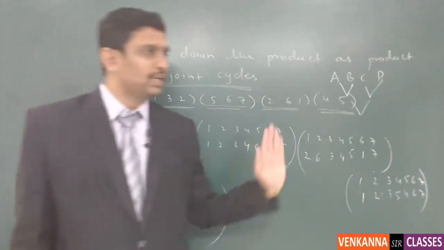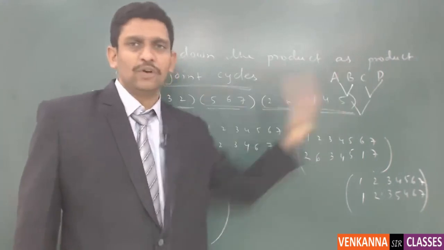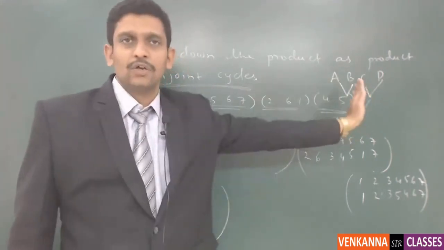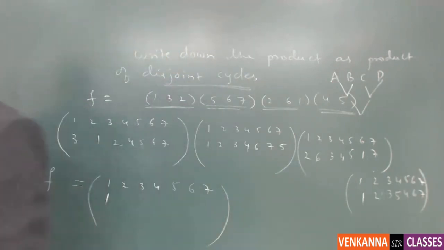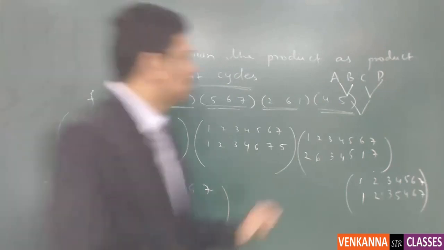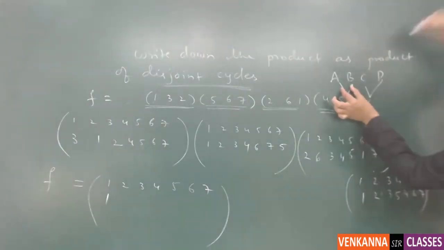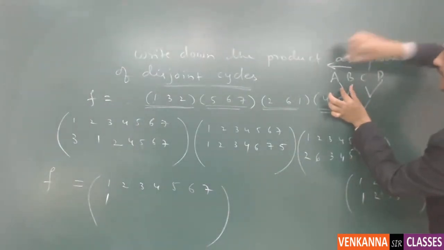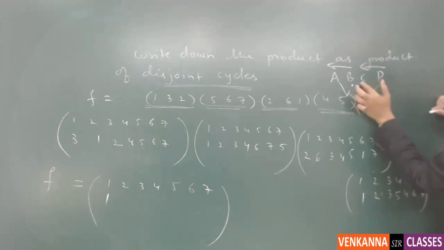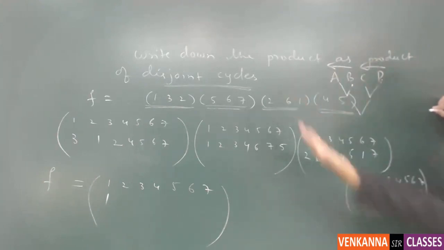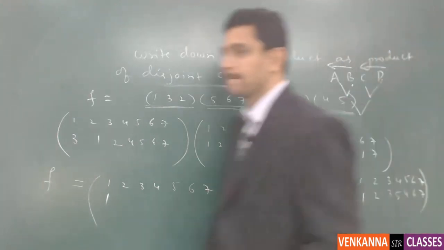But while doing, we always go from right to left only. So while calculating the product of these two, we calculate from B to A like this. For this also, we calculate the product like this. Then we take the final product. Okay?